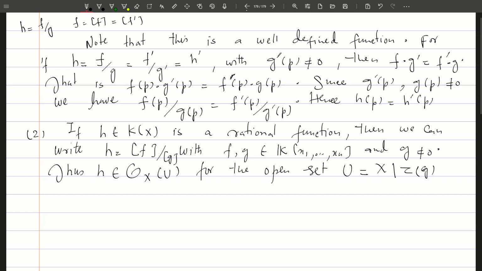One can note that the zero set is closed with respect to the Zariski topology, so hence this set U is open.